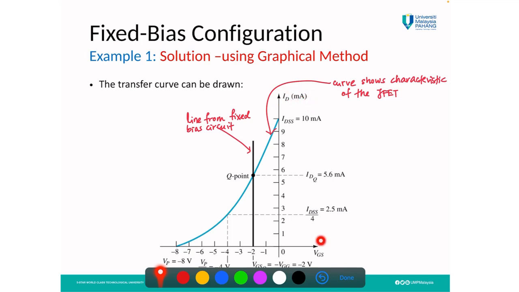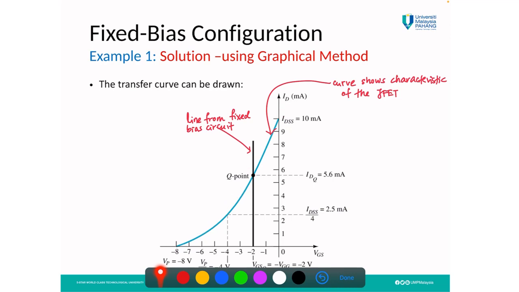Then the axis for the x is VGS, and this JFET is N channel, so VGS is in negative. Then plot the points, which is actually the IDSS and then each point here from the table, and you will get the curve.